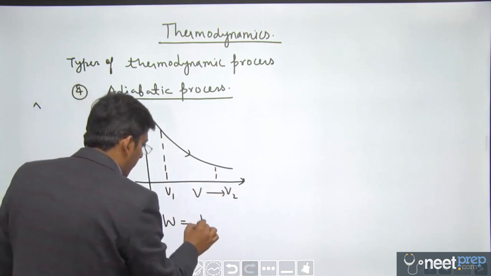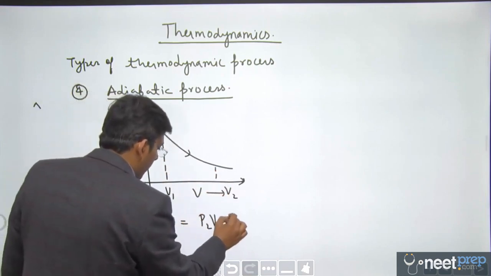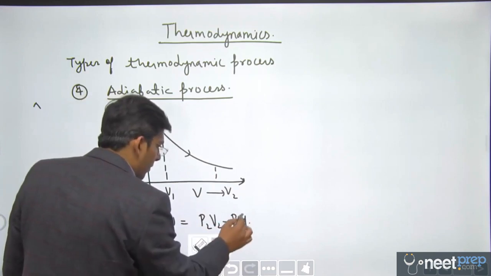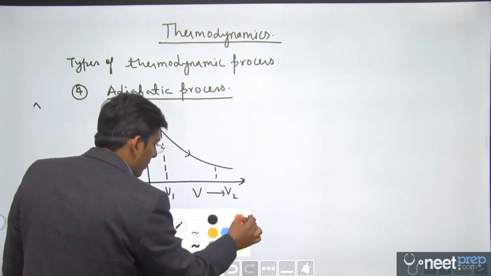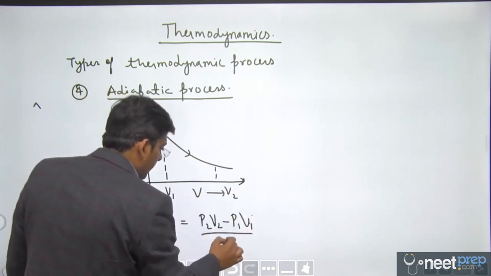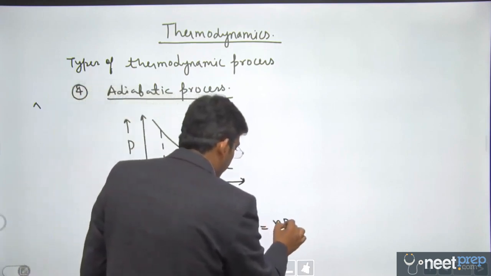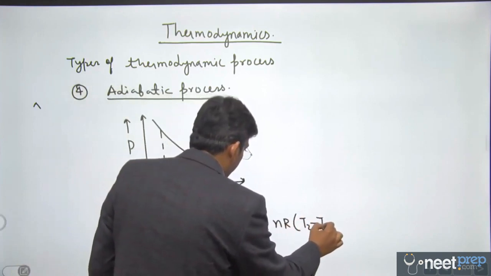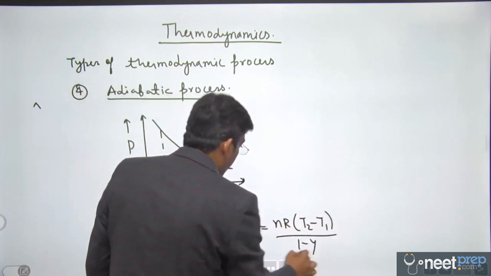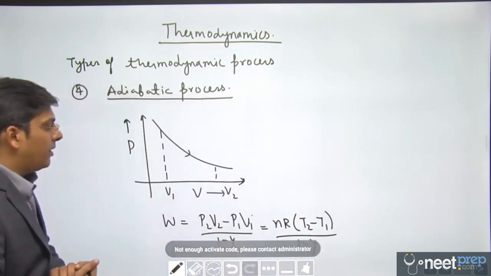So work done is (P2V2 minus P1V1) divided by 1 minus gamma. This is going to be the work done. Or you get nR(T2 minus T1) divided by 1 minus gamma. This is going to give the work done in an adiabatic process, dear students.